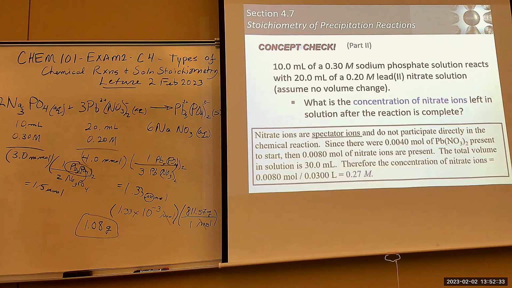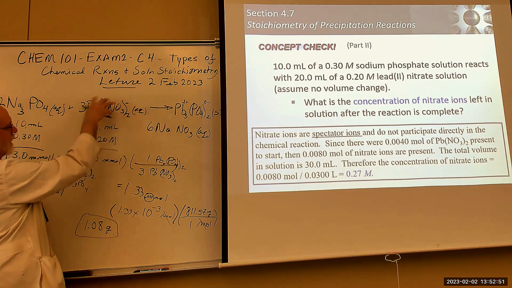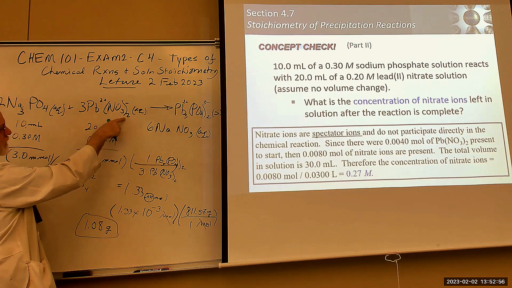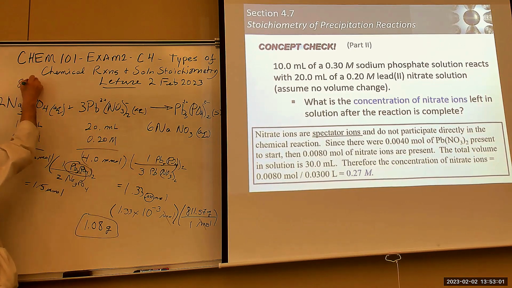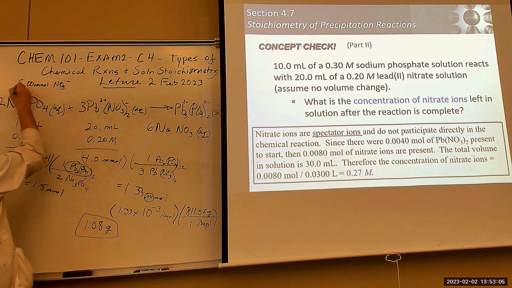All right, what's the concentration of nitrate ions left in the solution after the reaction is complete? Well, what happens to the nitrate ions? Nothing. They're still in solution, aren't they? So we have the same number of moles of nitrates. This is 4 millimoles of that compound. How many millimoles of nitrate do you have? 2 times that, correct? So we have 8 millimoles of nitrate. What's the volume?